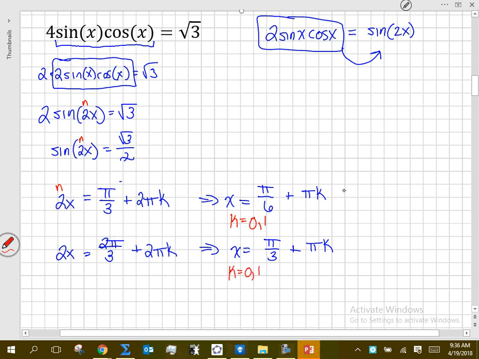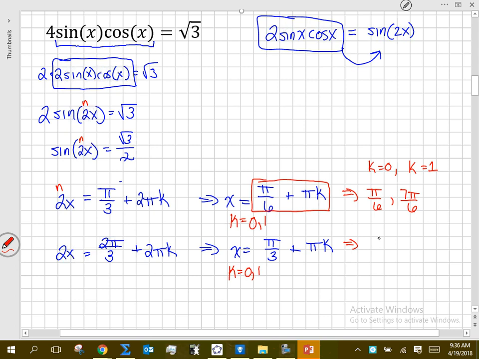If k equals 0, then this thing here is just pi over 6. If k is equal to 1, this thing here is pi over 6 plus pi, which becomes 7 pi over 6.